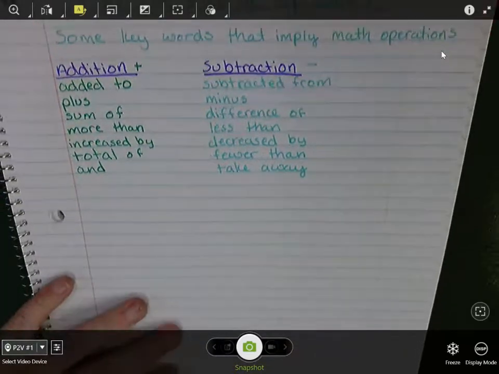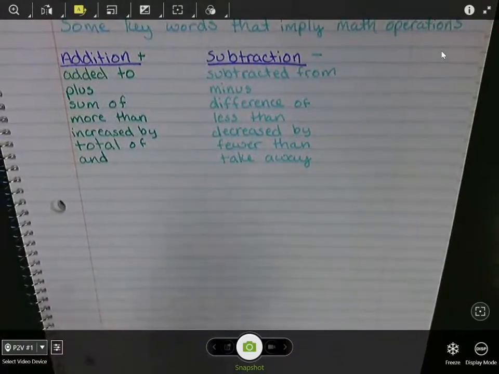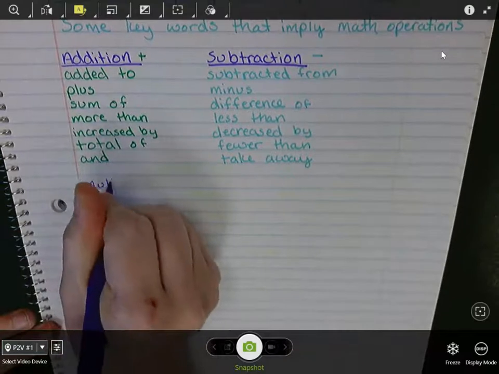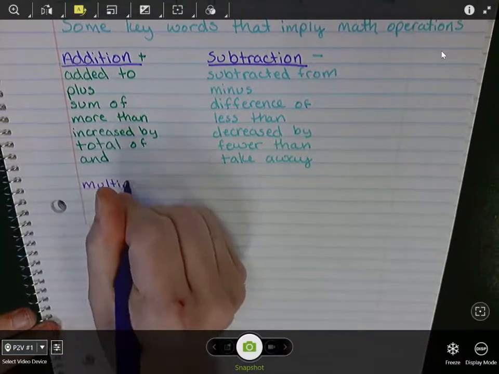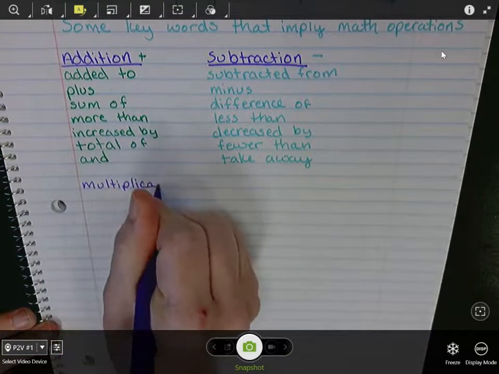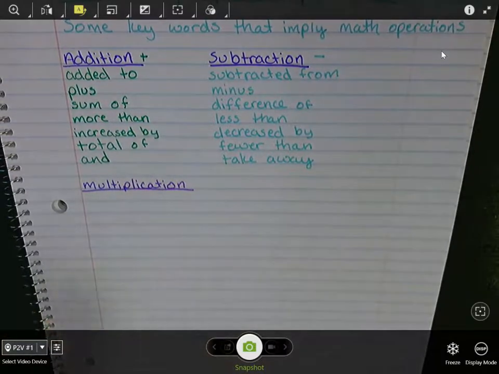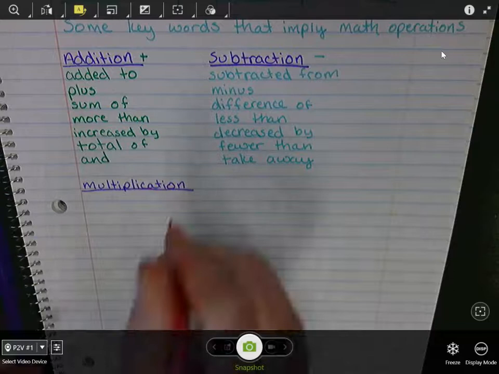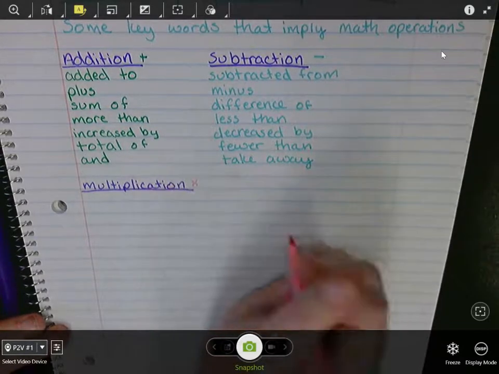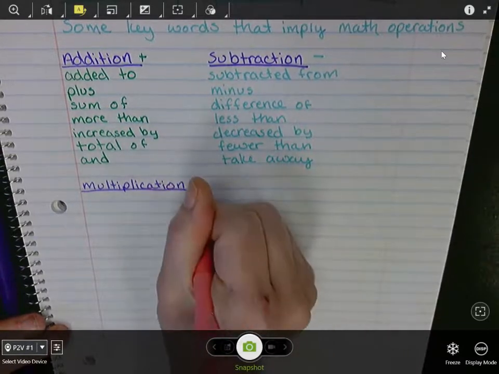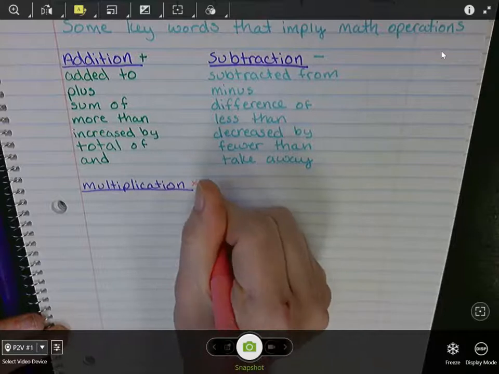The next operation we're going to talk about is multiplication. And some keywords or phrases that represent multiplication. Remember, multiplication can be represented by the X or by a dot or even by parentheses.